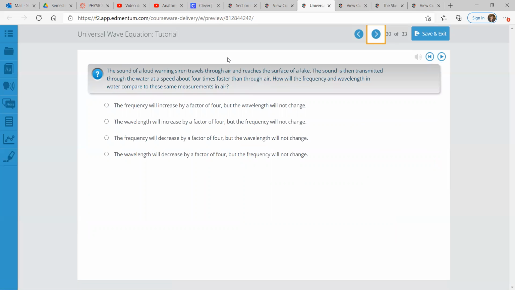Another checkpoint. The sound of a loud warning siren travels through air and reaches the surface of a lake. The sound is then transmitted through the water at a speed about 4 times faster than through air. How will the frequency and wavelength in water compare to the same measurements in air?